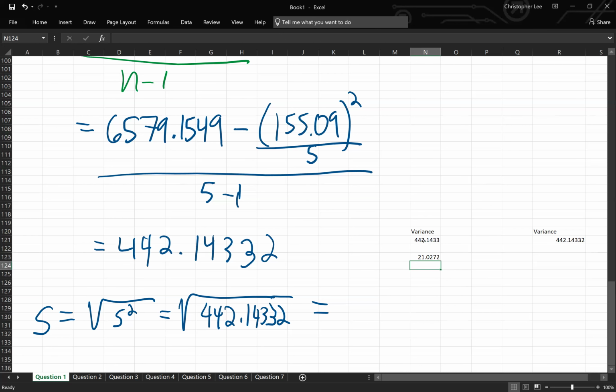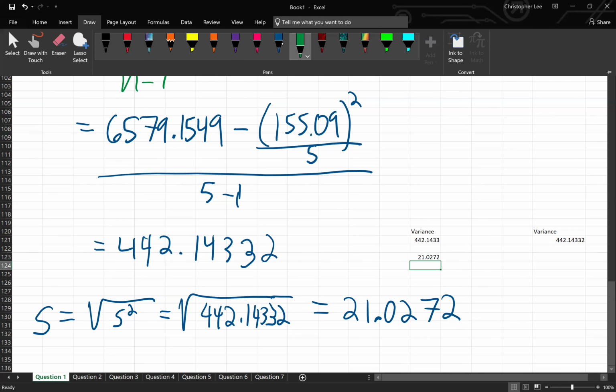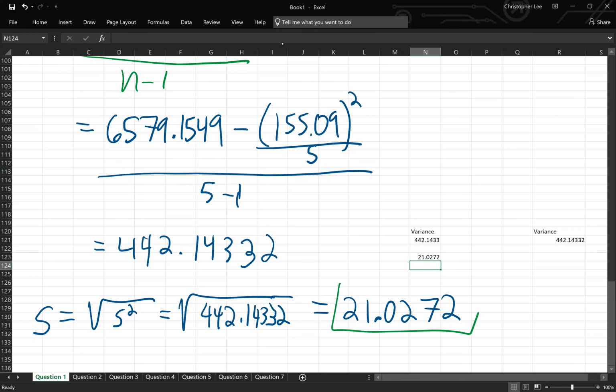So I got 21.0272. If you want to round off the standard deviation, you have my blessing. But you're not allowed to round off getting to the standard deviation. Okay. So that's question one. Any questions on this? Good.